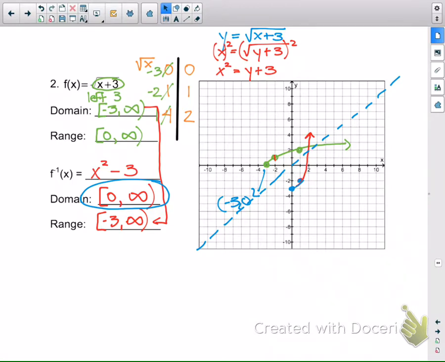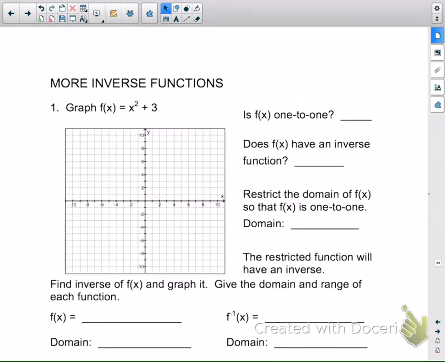On the next page, I want to do one that's a quadratic because it's the exact opposite of this. First off, this is a quadratic that is moved up 3. So my original function is going to look like this, and it's that U shape. So let's briefly go through this.